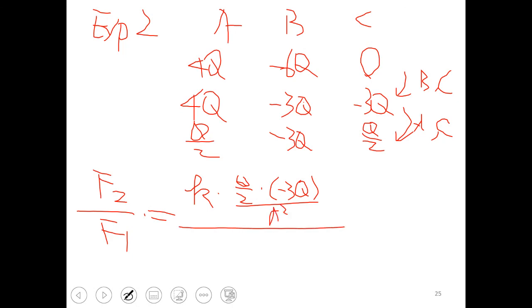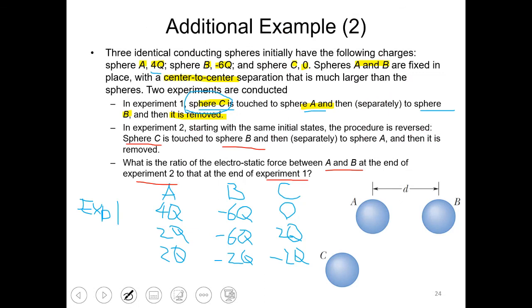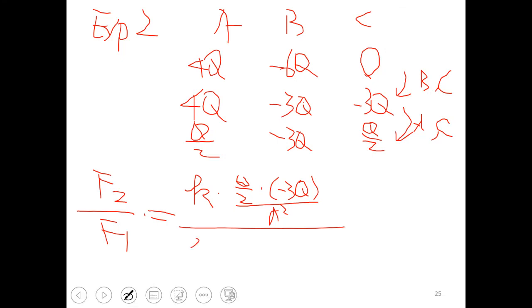For experiment 1, A has 2Q and B has negative 2Q, so K times 2Q times negative 2Q over d squared. So the answer will be 0.375.